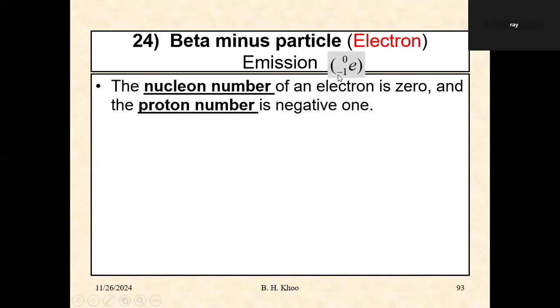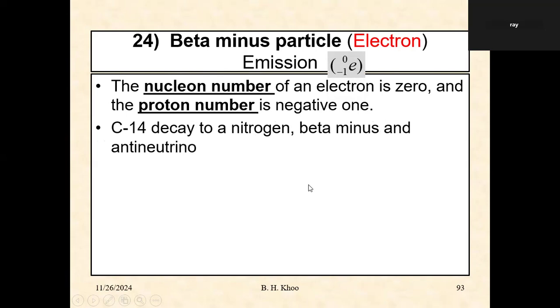Right? Can write it as that. C14 decays to nitrogen, beta minus, and antineutrino. We should be able to write the equation. Right? That's the equation.